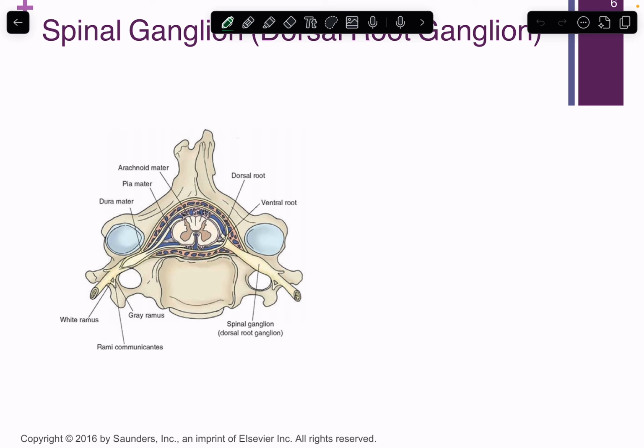So the last meninges is the pia mater, and it is the innermost delicate layer that adheres closely to the surface of the spinal cord and brain. It is highly vascularized, okay? It contains blood vessels that supply oxygen and nutrients to the spinal cord.